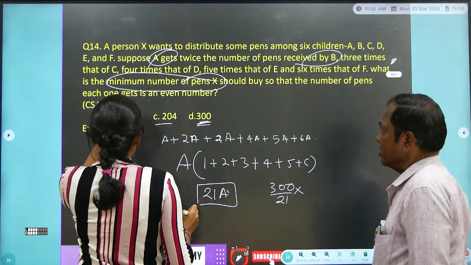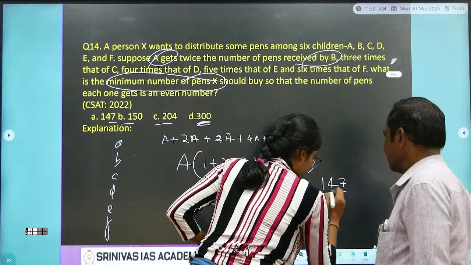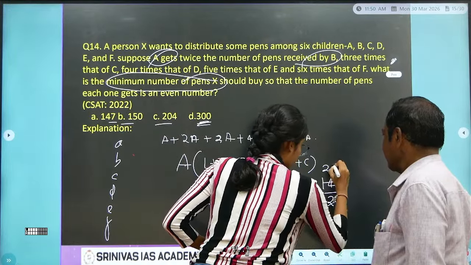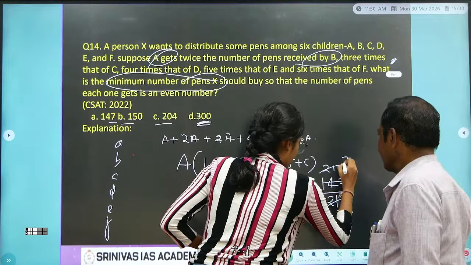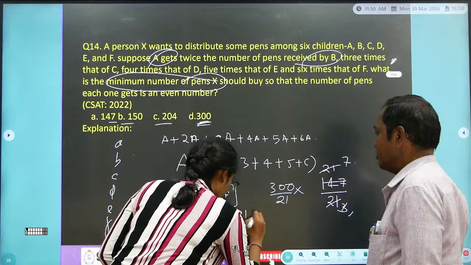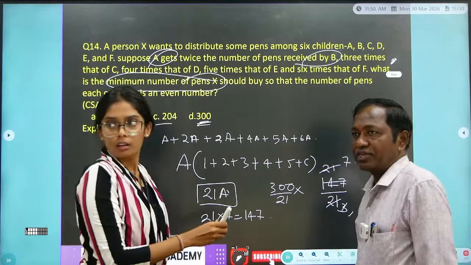So I did 147 divided by 21, which is 7. 21 into 7 gives 147. Odd number into odd number is an odd number.